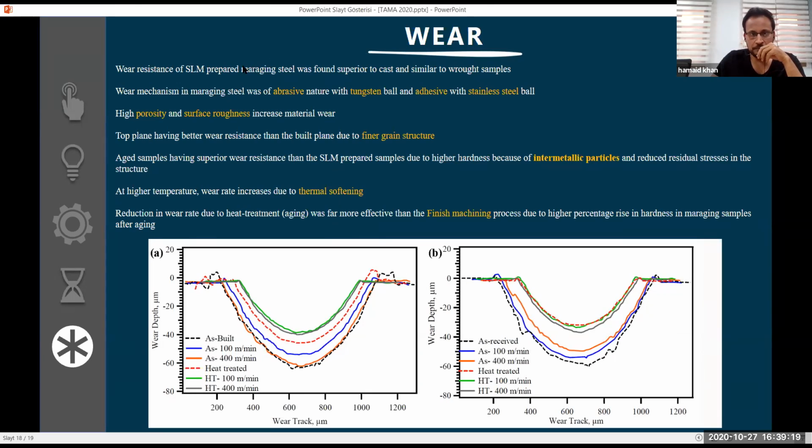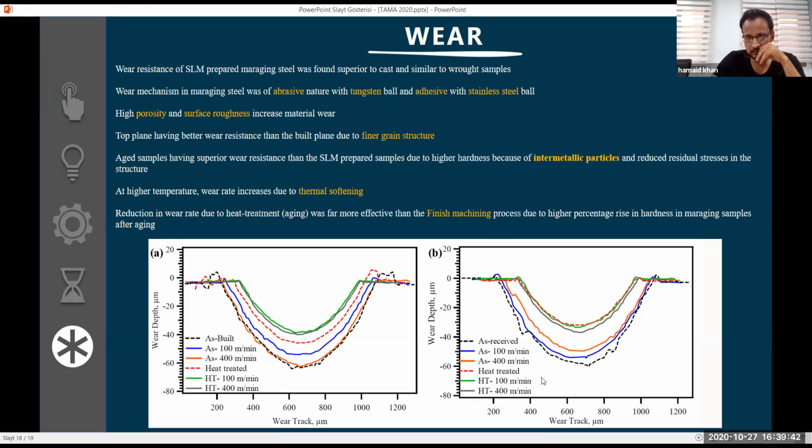Compared to the as-built condition, the wear resistance of the additively built Maraging steel component after heat treatment was found to be better, especially after aging, because of the precipitation of intermetallic particles like this one. And also because of the finer structures; you can see that compared to the solutionizing stage, it's much better.